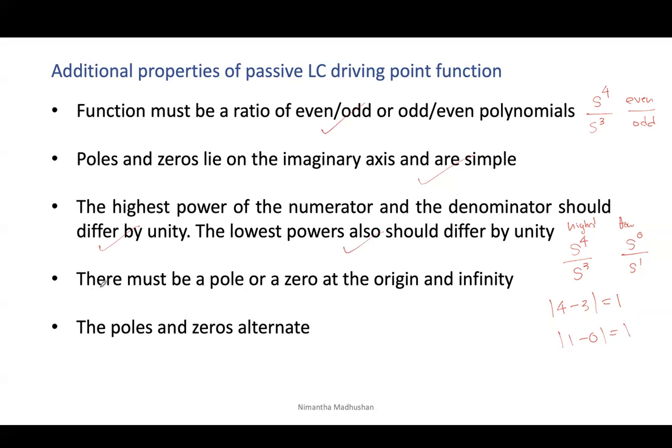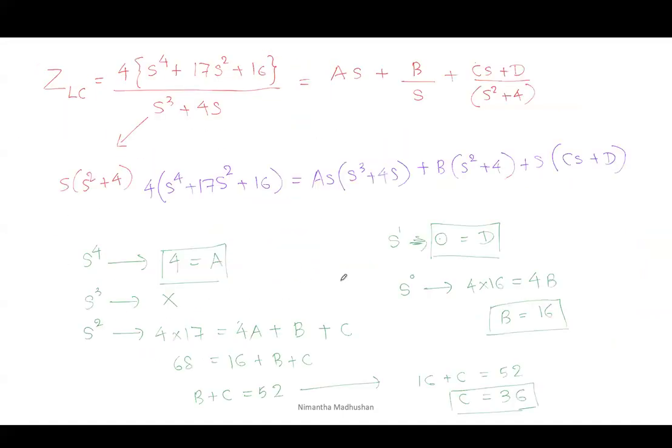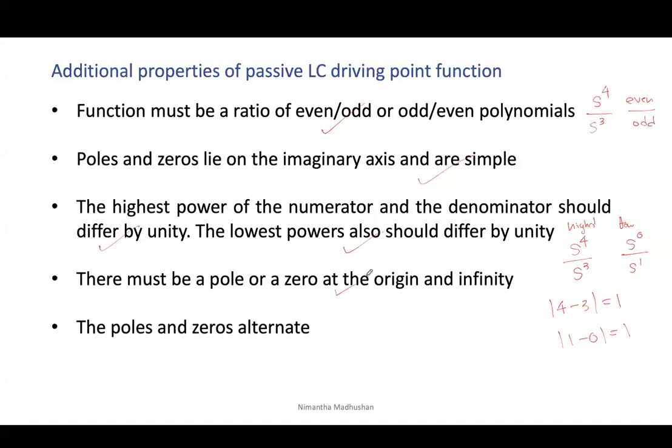And the fourth property: there must be a pole or zero at the origin and infinity. You can see there is a pole at the origin. Then the fourth property is okay. And the last property is that the poles and zeros alternate.